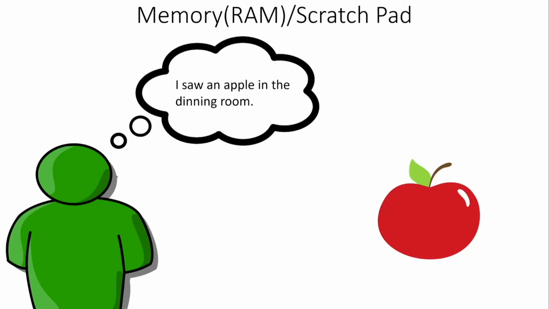Now we come to the memory, or scratch pad. So, when you're in the living room, remember, you still have to get the utensil to help your parents eat with the fruit you saw. You have to remember which fruit you saw. So, you have to remember that, hey, I saw an apple in the dining room.